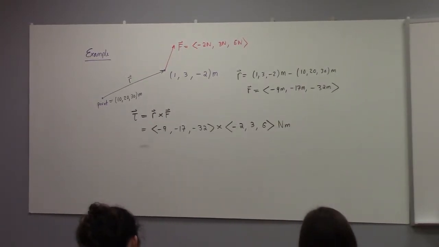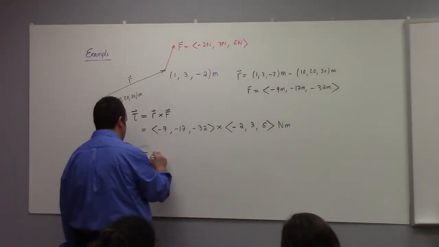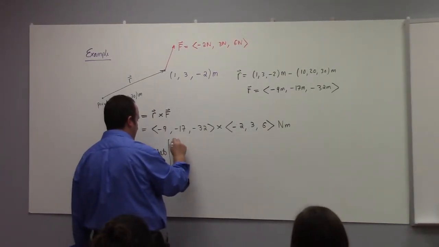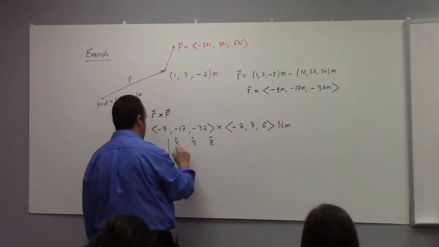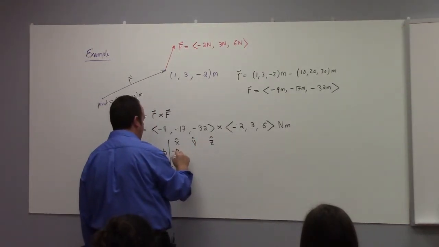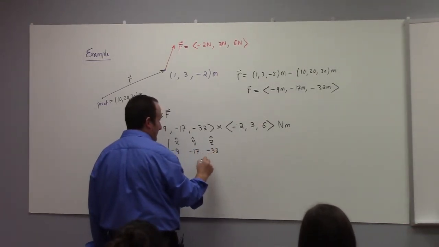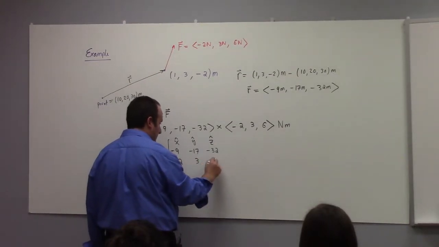Okay, so there are various tricks to calculating the cross product. Here's one that's popular. You look at the determinant of x hat, y hat, z hat, and then you put the first vector, minus 9, minus 17, minus 32 in the second row, and you put the last vector in the third row, minus 2, 3, 6.